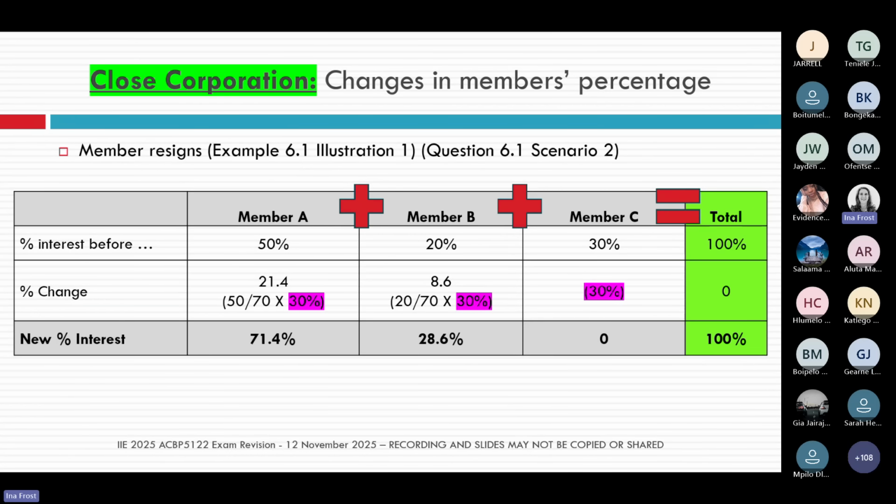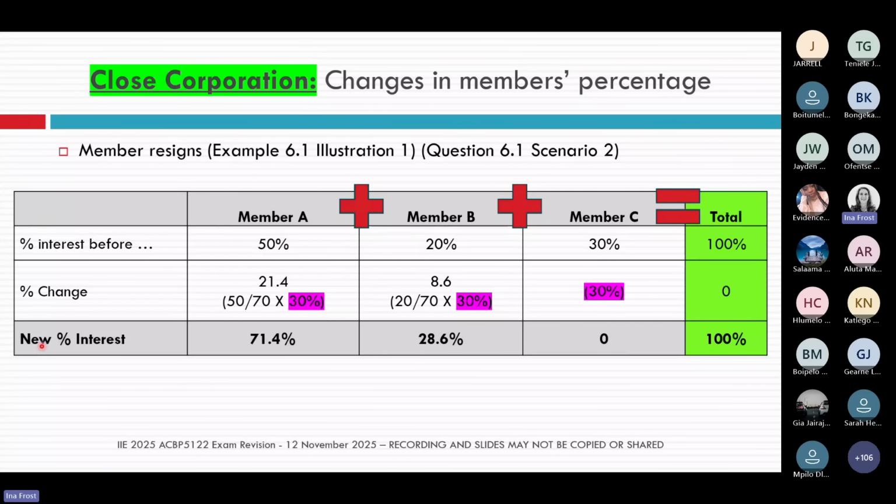So let's have a look. Here we have the scenario where member C is completely resigning from the closed corporation. Member C held 30% of the closed corporation. So what must happen now is we must take that 30% and split it between the remaining members, making sure that member A gets the bigger portion of the 30%, because currently member A holds a bigger stake in the closed corporation.